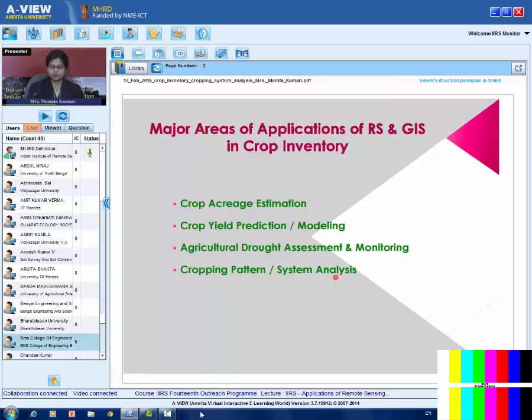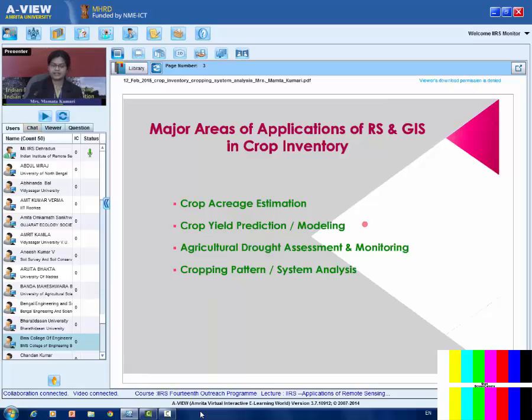Getting knowledge about crop acreage or crop yield estimate is important for export-import price negotiation, for agricultural planning, for price regulations, etc. Apart from that, it can be used to know the cropping pattern or crop distribution in the study area.